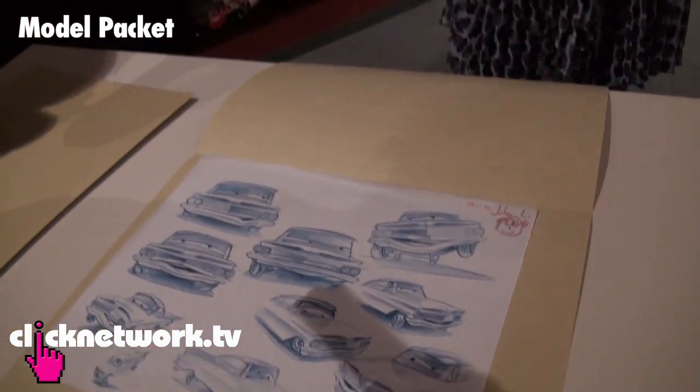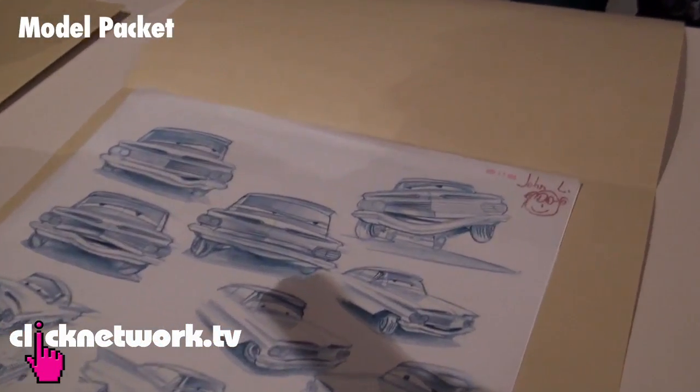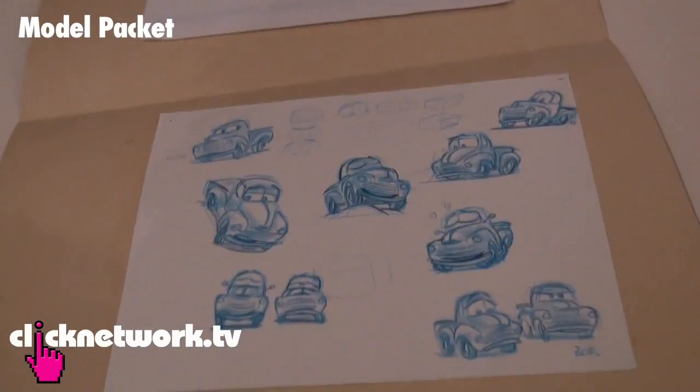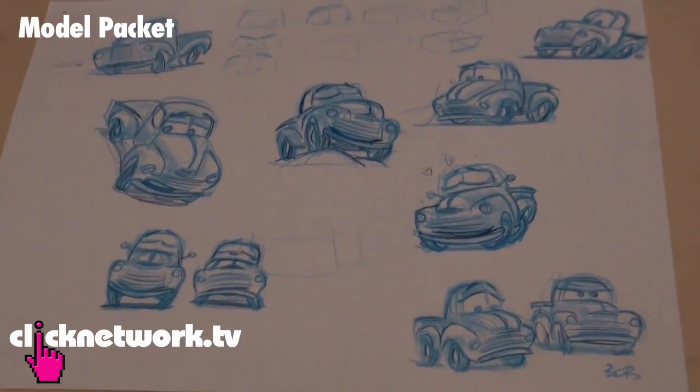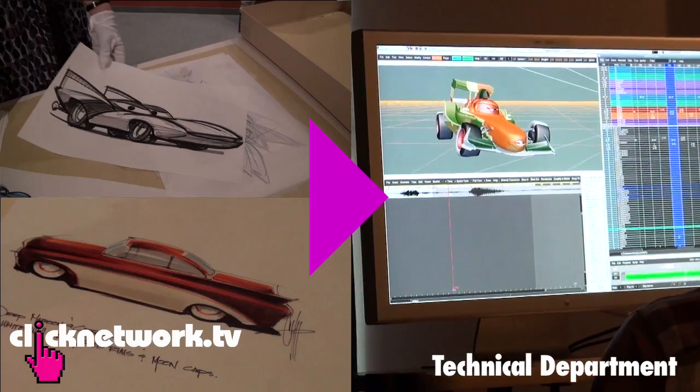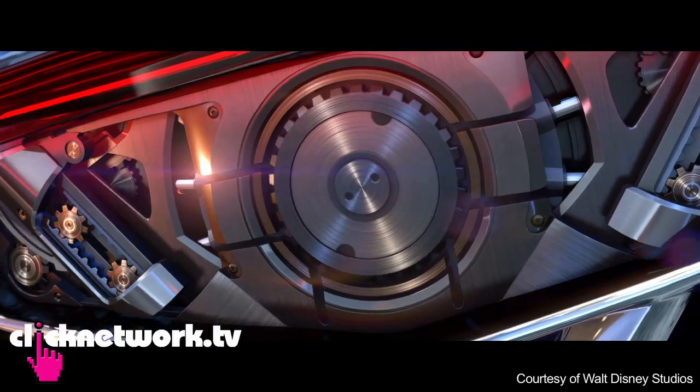And the model packet has all kinds of drawings in it that explain what the character looks like, and in this case, what the character's personality is like and what they look like when they're conveying certain emotions, because where this information is going is to the technical artists who are creating the digital model.